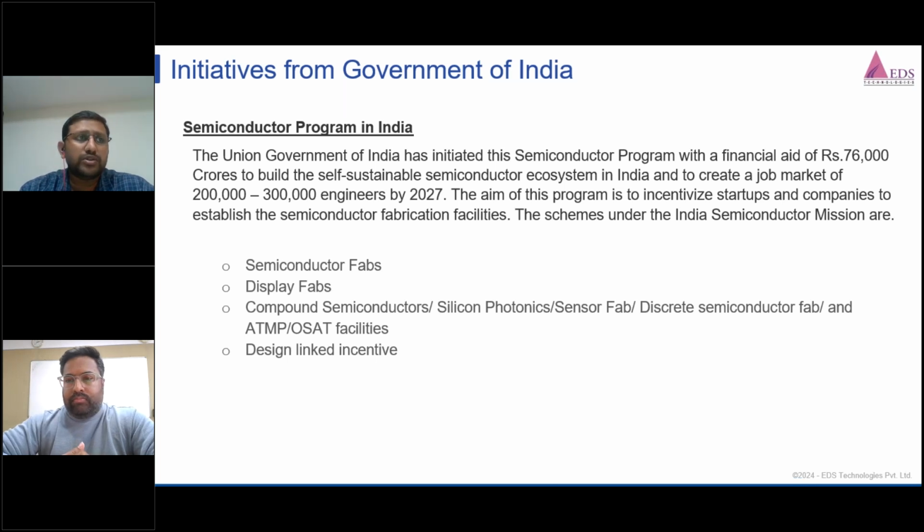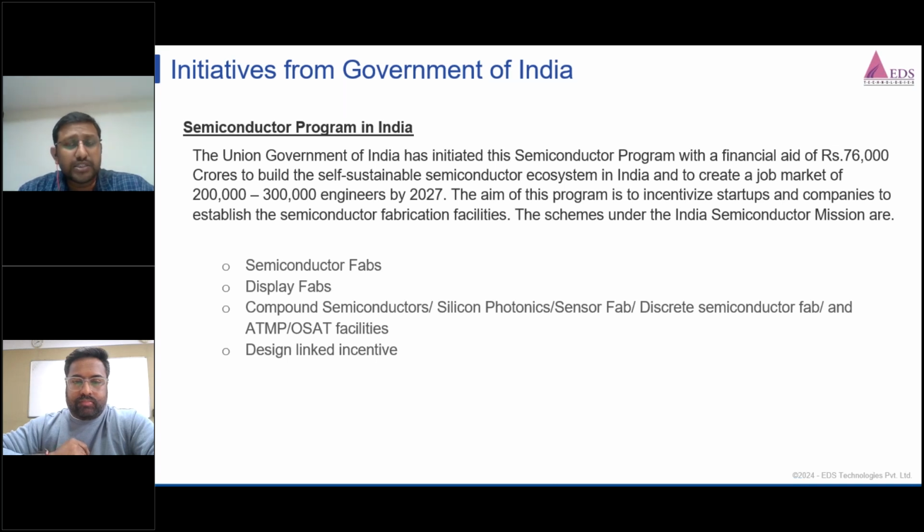You would be noticing this transformation after COVID, because there was a huge semiconductor shortage across the industry. India found its potential that it is going to come a big way in the semiconductor industry. From 2020, there have been very serious activities happening in the Indian semiconductor industry.